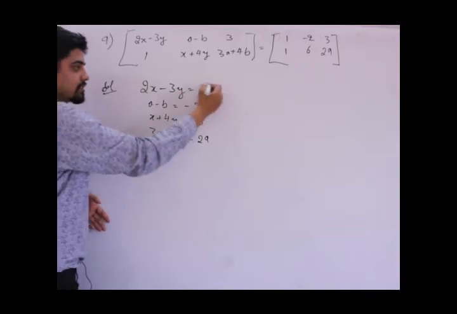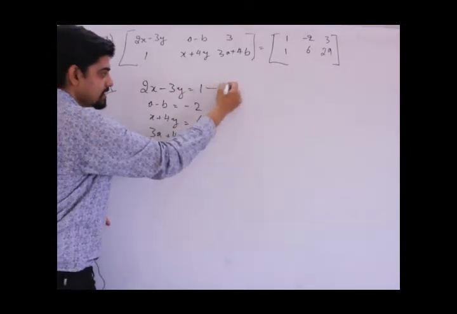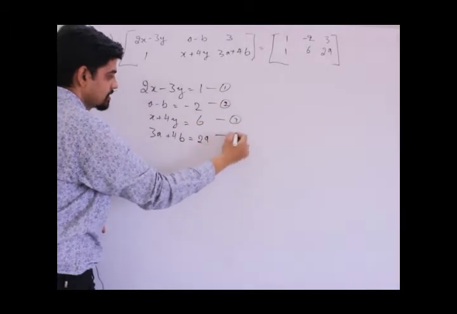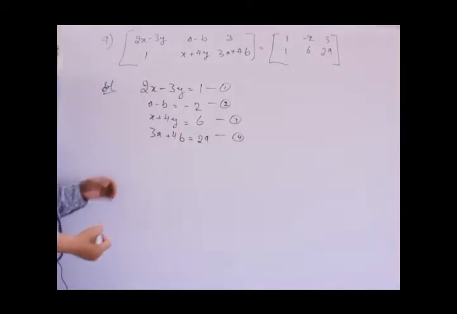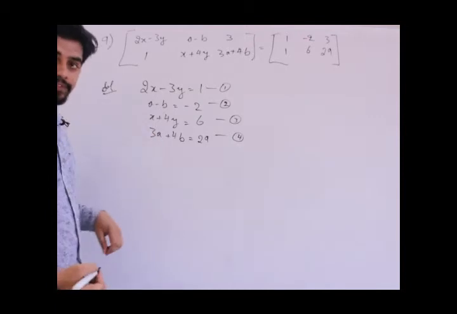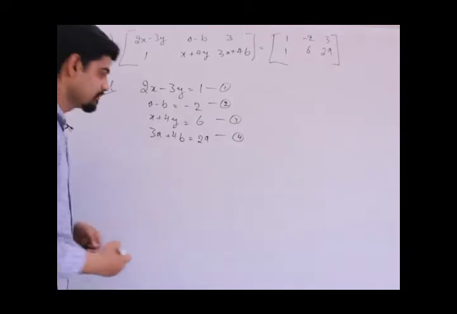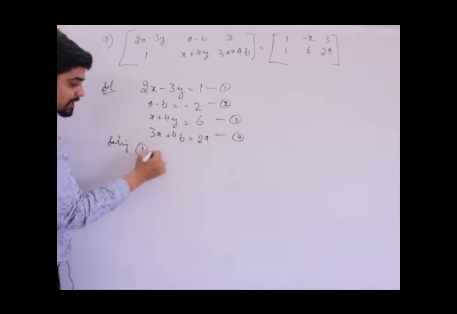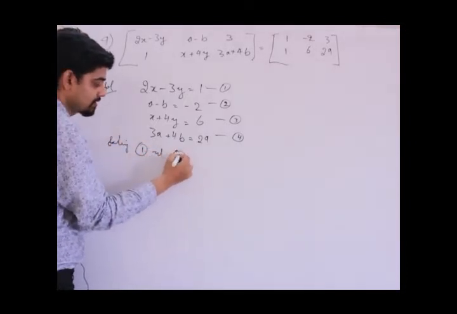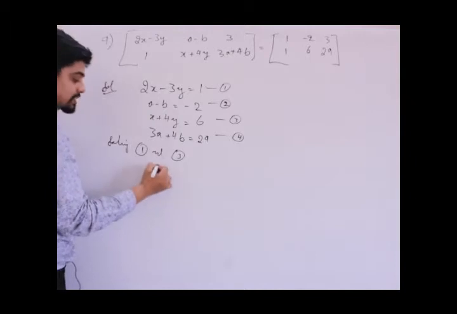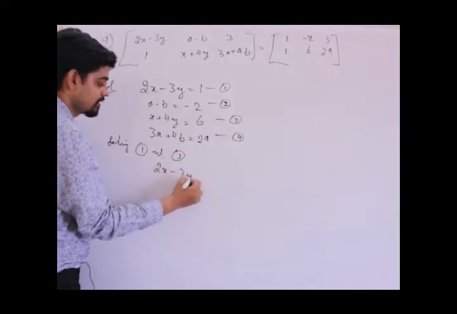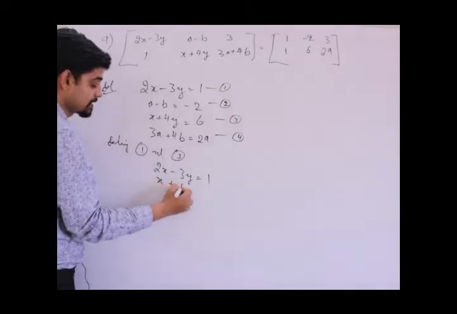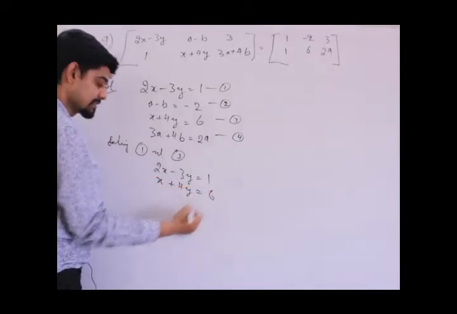So we have four equations. The first and third equations will be solved together, and the second and fourth will be solved together because they have the same variables. So solving 1 and 3: 2x minus 3y is equal to 1 and x plus 4y is equal to 6.